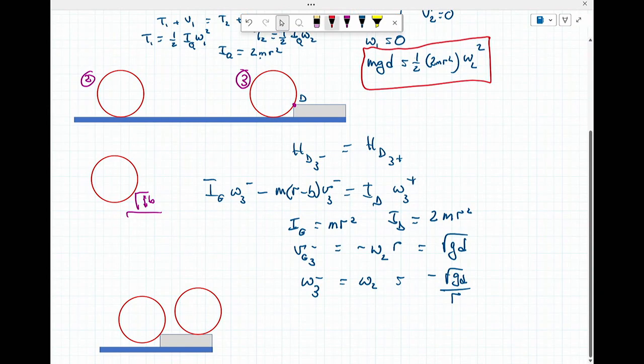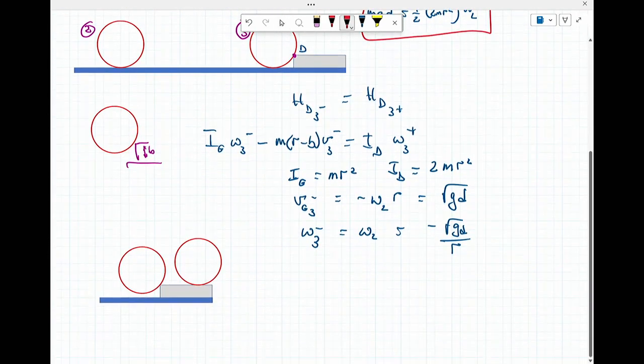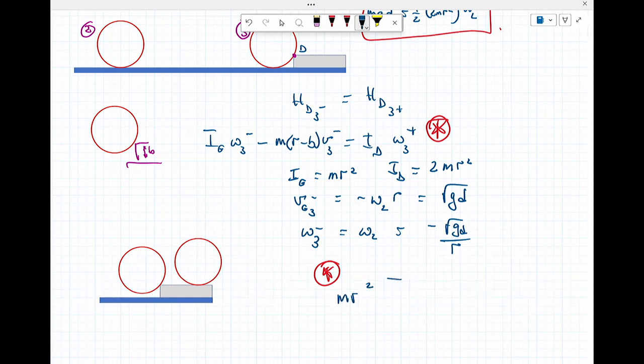I'll call this equation star. So if I go back to the starred equation, mr squared square root GD divided by r.